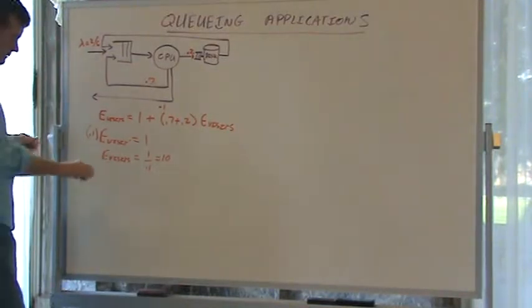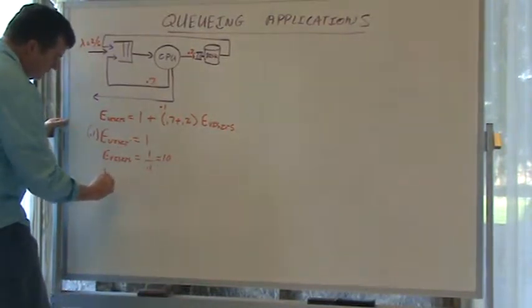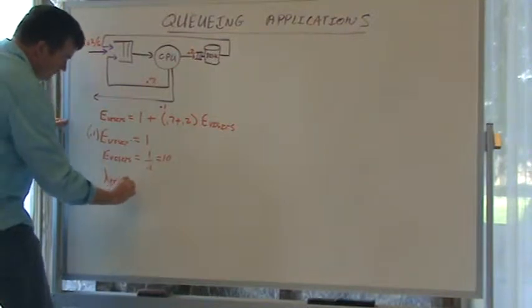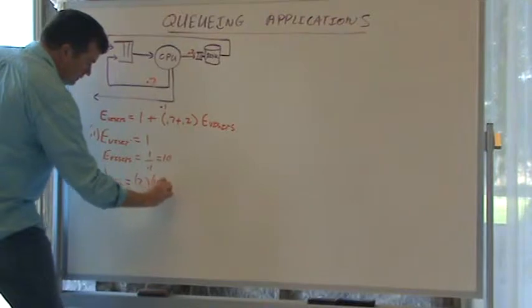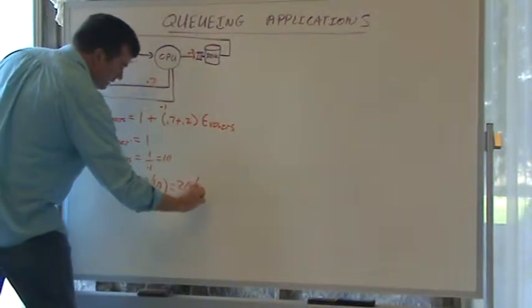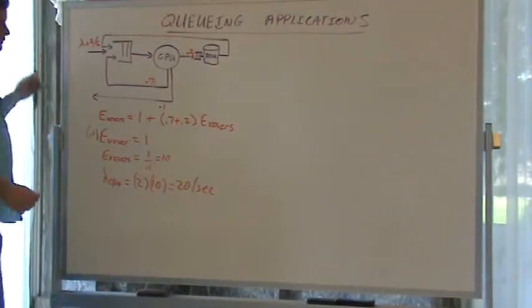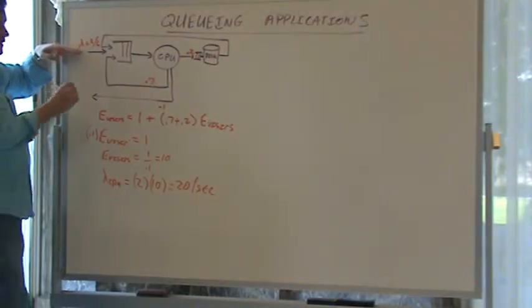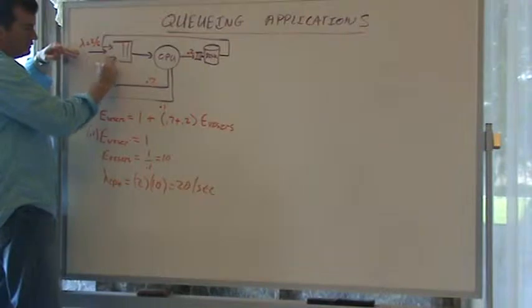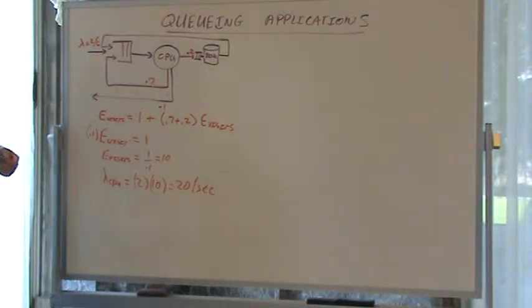So the CPU lambda is equal to 2 times 10, which is 20 per second. So the outside world is feeding in at a rate of 2 per second, but as far as these 3 arrows combined, the total rate into this queue is 20 per second.